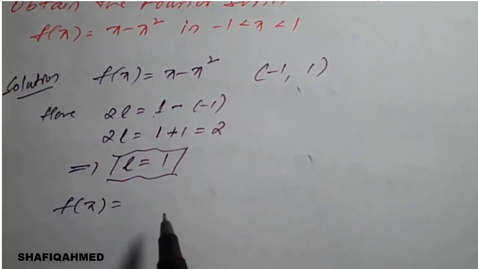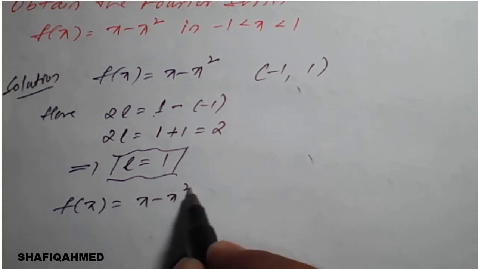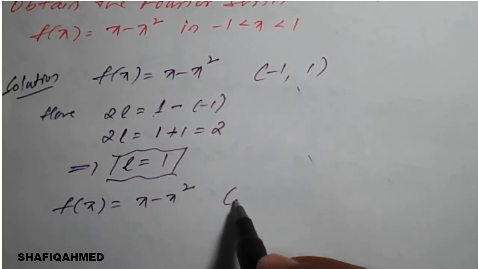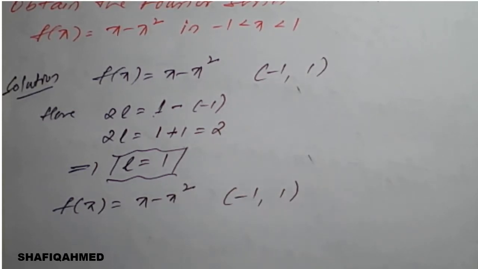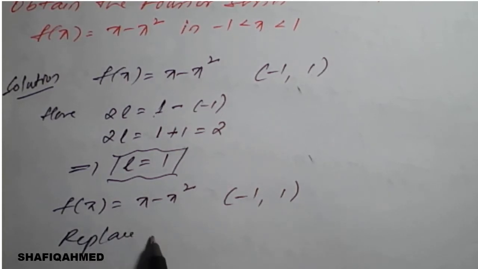So f of x is x minus x square in the interval minus 1 to 1. Here what we have to do is replace x by minus x.